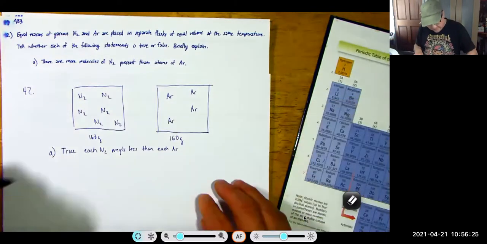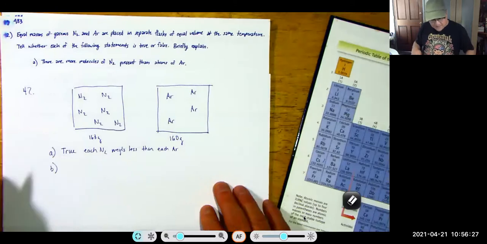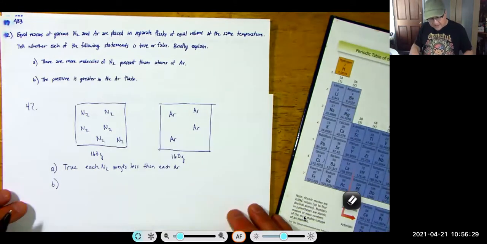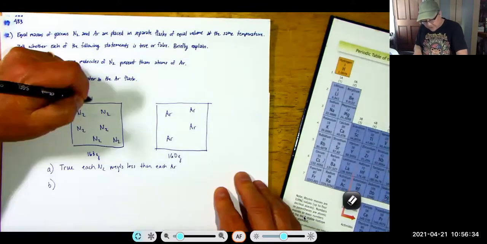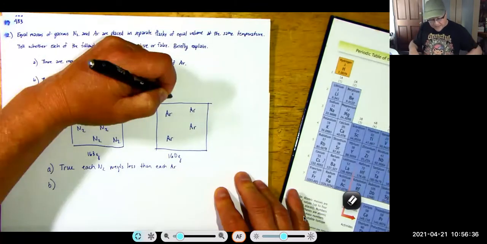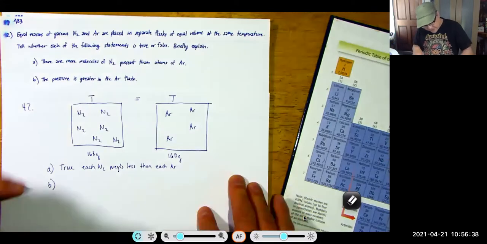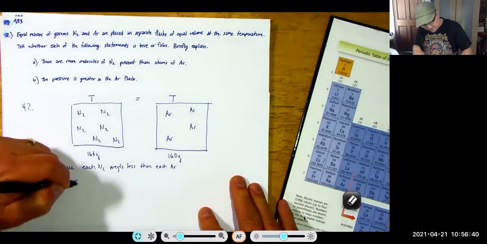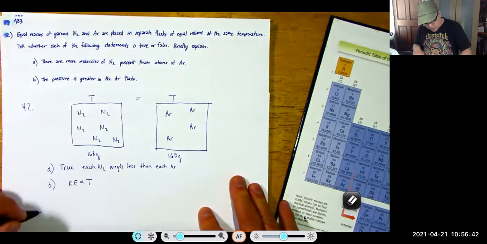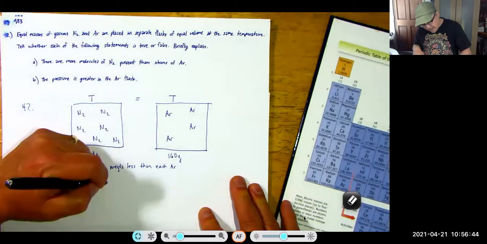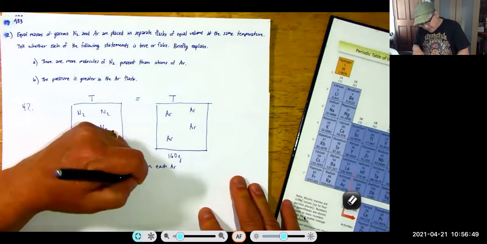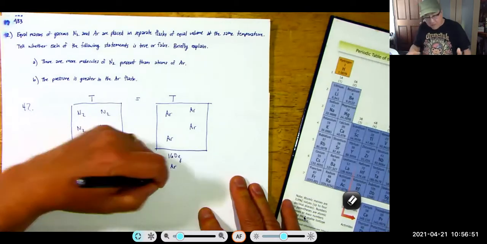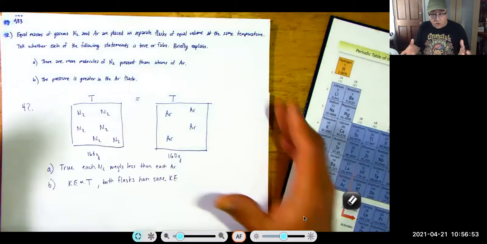Okay, how about letter B? The pressure is greater in the argon flask. Well, this temperature is equal to this temperature. And what did we say about the kinetic energy? The kinetic energy is proportional to the temp. Right. So both flasks have the same kinetic energy for their molecules in total.